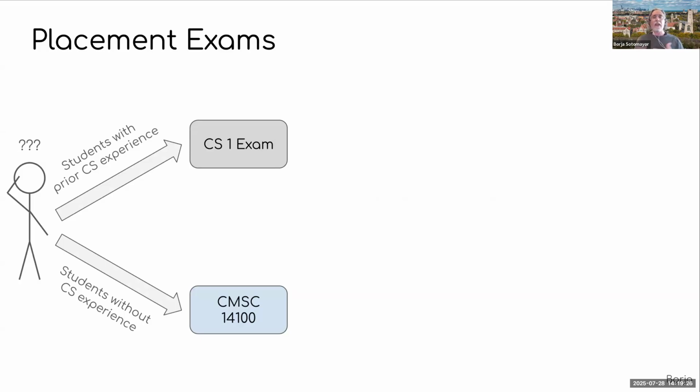The CS1 exam is not meant to be an exam that you self-study for and learn programming yourself for. It really is meant to capture students who either in high school or in some other way have already learned programming and might have the right skill set to place out of CS 141 and start a further class in the sequence.